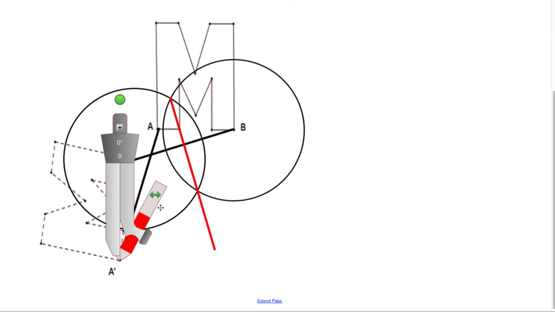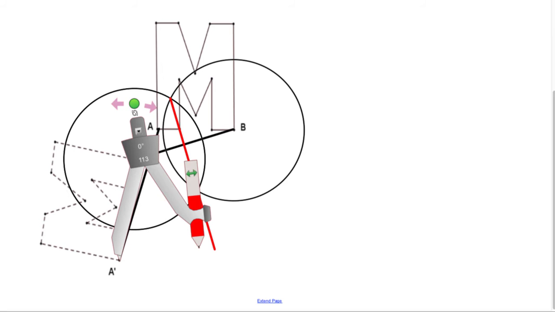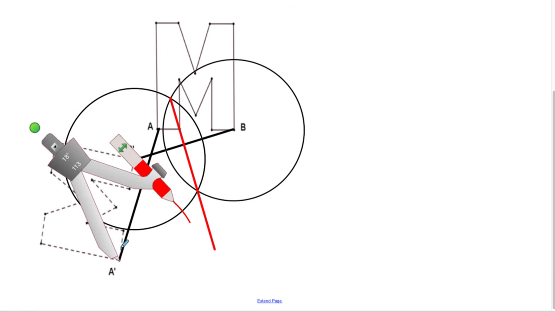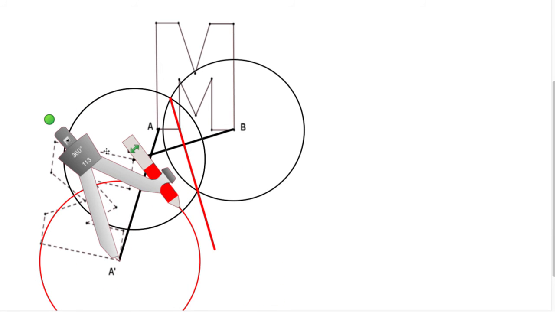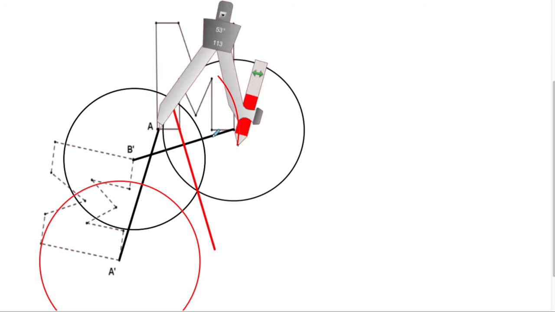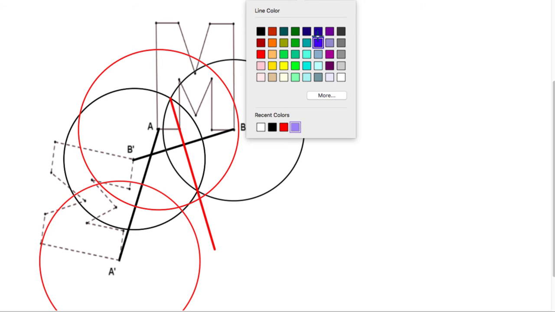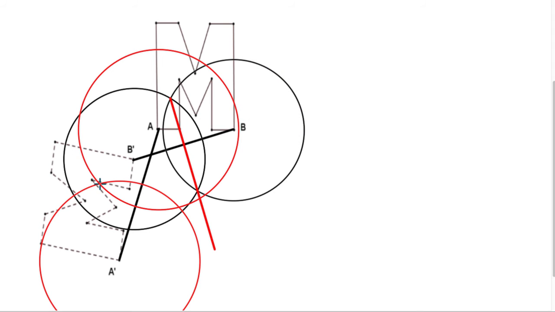Put one tip there. We're going to drag this amount right there and draw a line. This point right there, draw a line, and then we don't need that anymore. Then I'm going to make my new line. I'll make it blue. It goes through there and there.